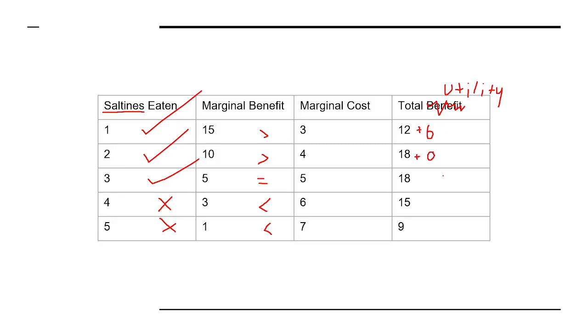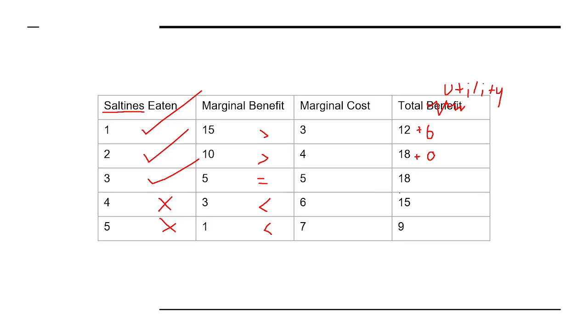If you're following what's going on here with the profit maximizing rule and marginal benefit being greater than or equal to marginal cost, you'll see 18, right? We haven't really benefited or incurred costs from eating that third saltine. So it's 18 plus 0, 18. But you'll take a look with that fourth saltine cracker, the marginal cost is greater than the marginal benefit.